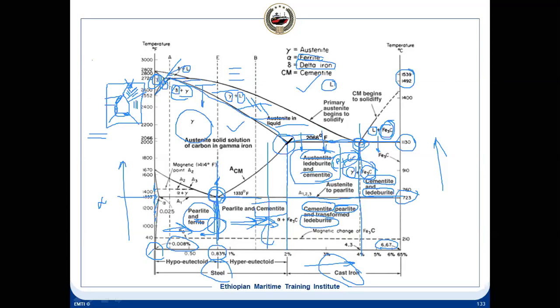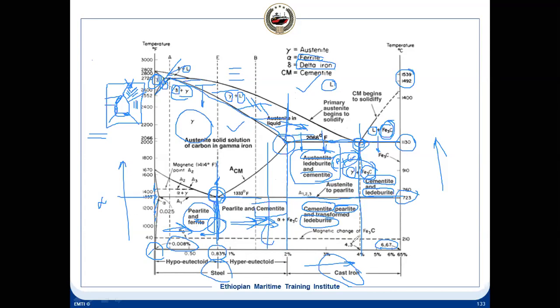Now this area comes under this side also. Suppose we draw a line like this. Once it is in this area, your carbon content is high. Understood? Yes. And on this side the carbon content is low. As we know, for steel applications we have to restrict the carbon content, otherwise it will become very brittle.